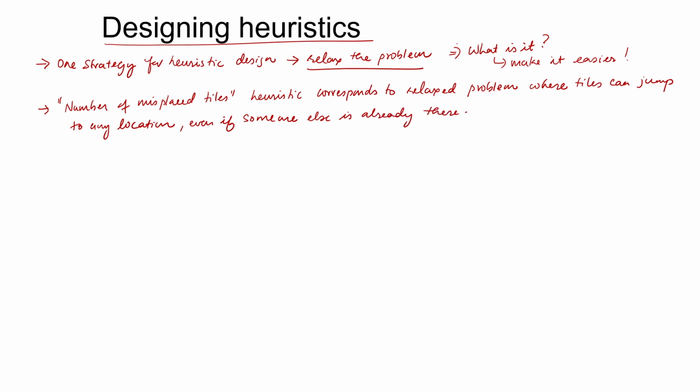Okay. So, a specific problem, the tile problem that you all know about. Okay. So, the number of misplaced tiles heuristic corresponds to the relaxed problem where the tiles can jump to any location.